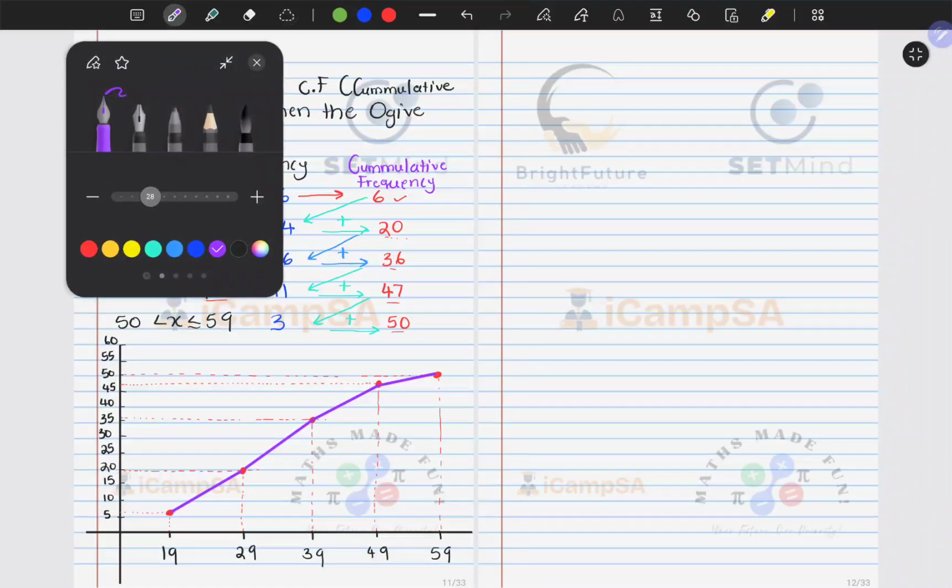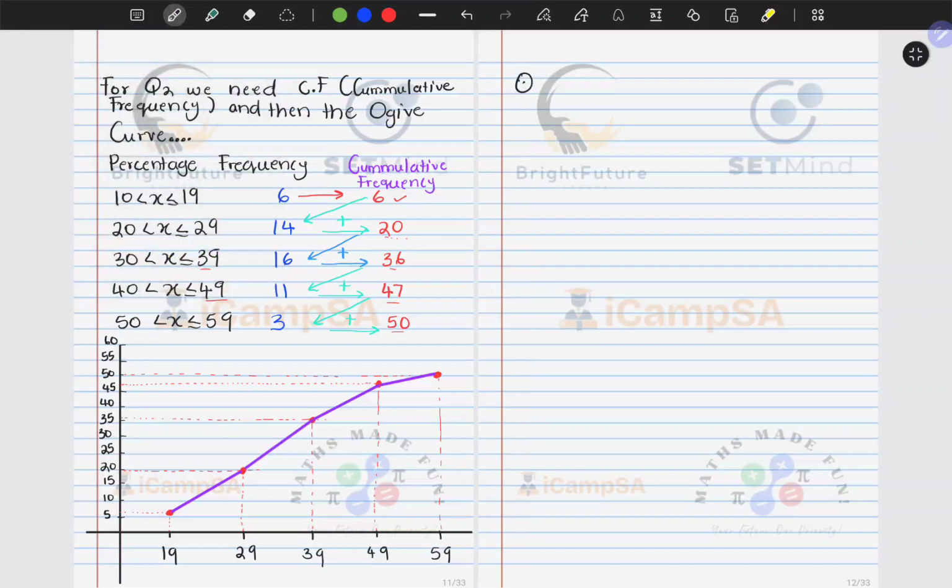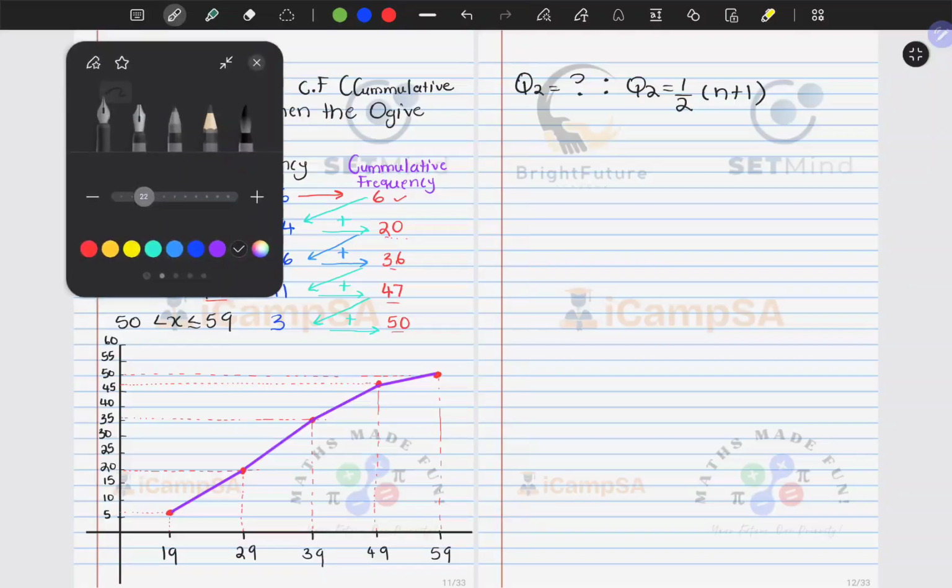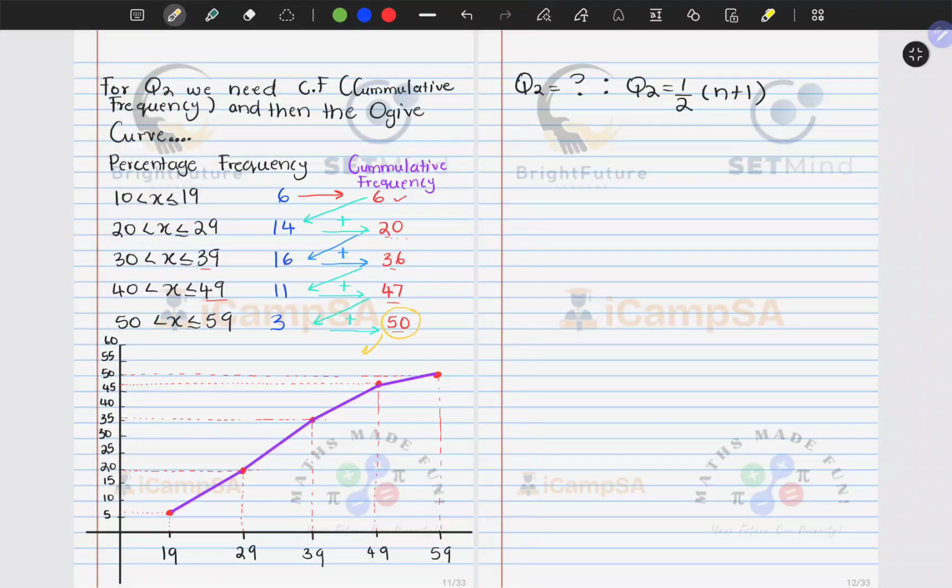So now let's go back to our problem. So remember, we're looking for Q2. What you know, Q2, which is the median, is given by 1 over 2 into n plus 1. So I want you to remember that whenever we're working with cumulative frequency, the number that sits there becomes n. So our n becomes 50.